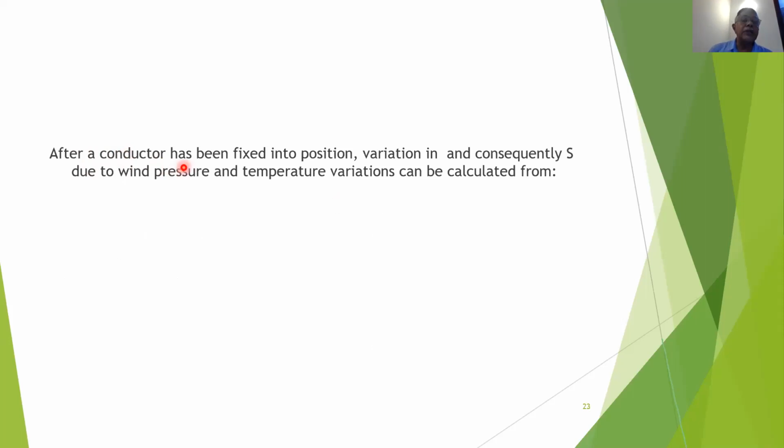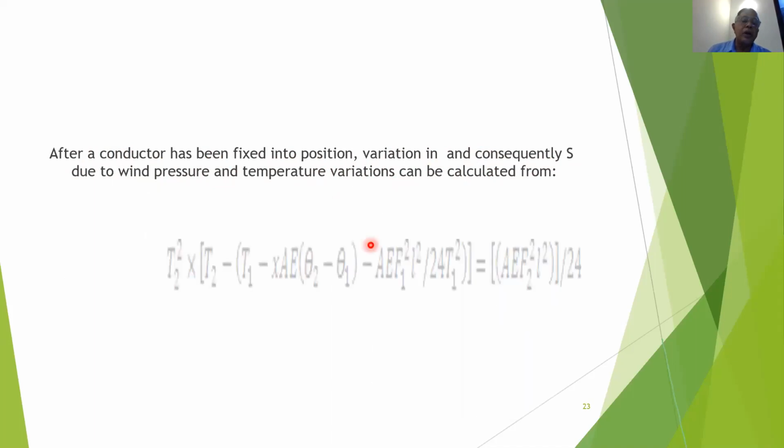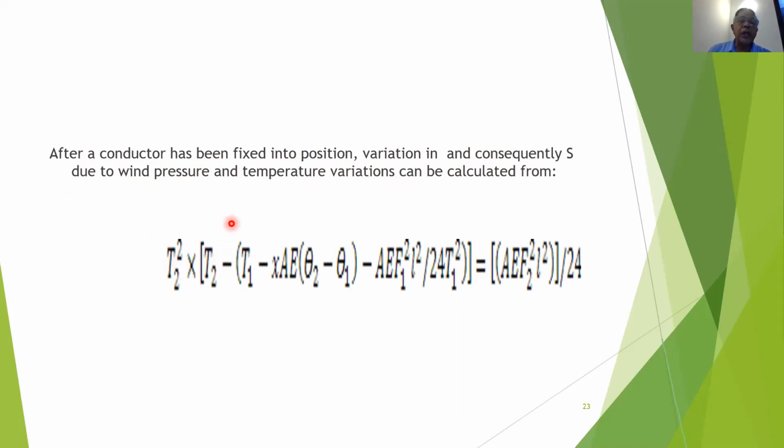After a conductor has been fixed into position, variations in tension due to wind pressure and temperature variations can be calculated from this equation. This is a third order equation, right? T2 to the power 3.